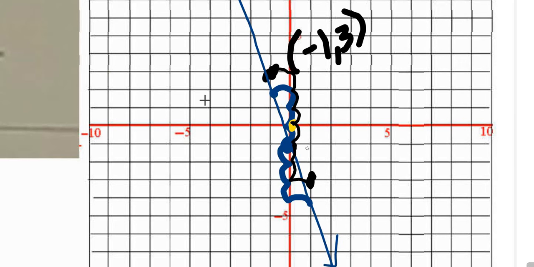And when you graph it, it does exactly what it describes. It's parallel to our given line, and it goes through the point that we wanted it to go through, which was negative 1, 3.